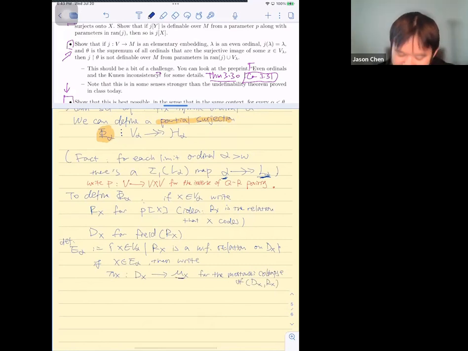So this mx is some set that is transitive.